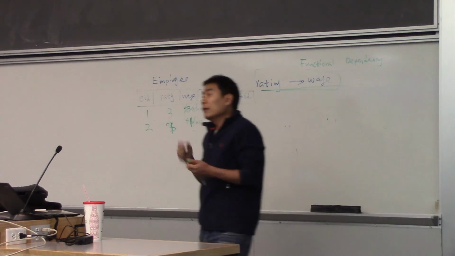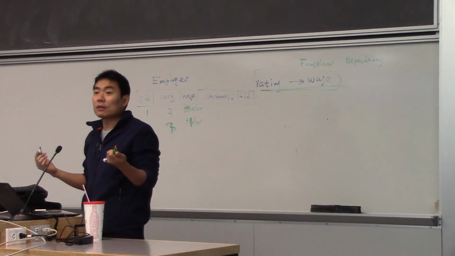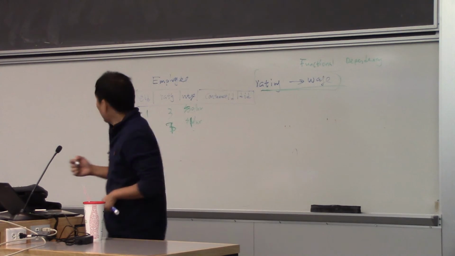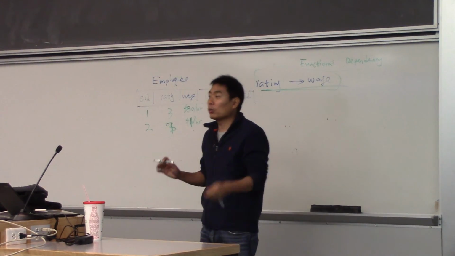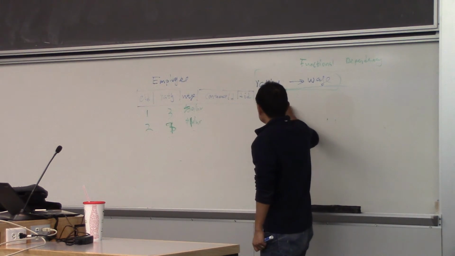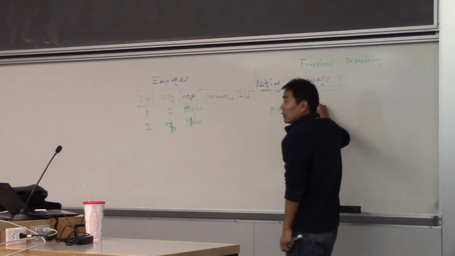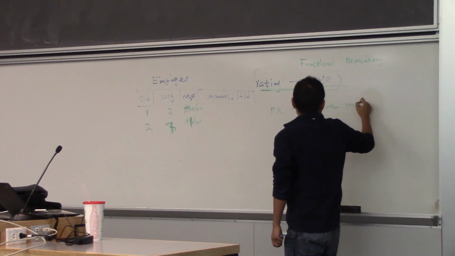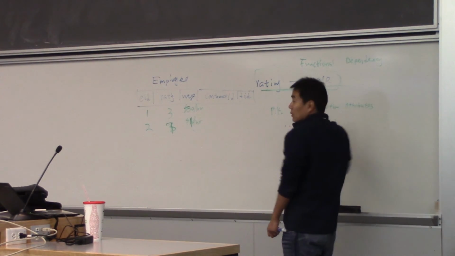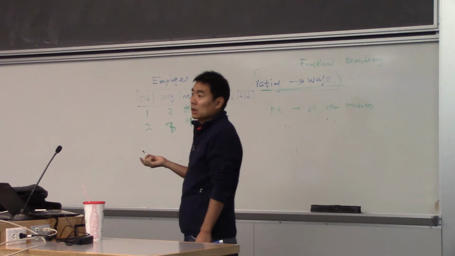In fact, we have talked about some form of functional dependencies. One trivial functional dependency that holds for any schema is what? The primary key determines all other attributes. Why?